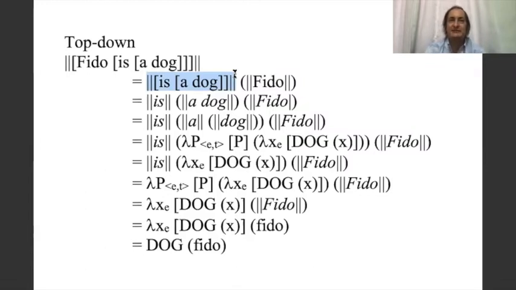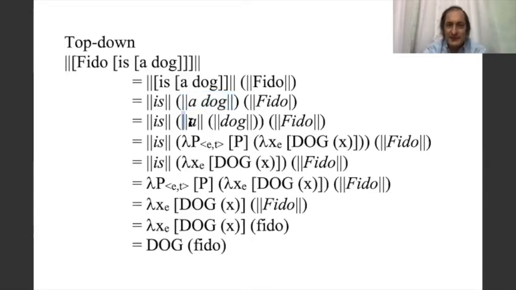So the translation of "is a dog" is again something made up of two pieces. It's got an "is" piece and it's got "a dog." Of the two, "is" is a function, and it has to apply to "a dog" as its argument. But here still we have something that has two pieces. It's got "a" and it's got "dog." And before we can apply "is" to this, we have to know what this is. And so we have to figure out how to interpret it.